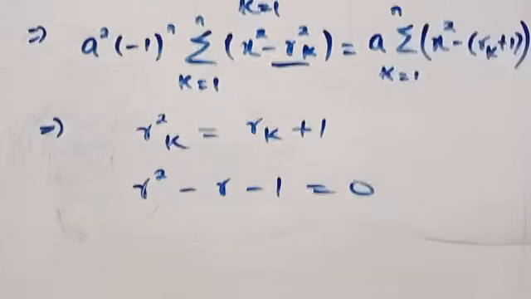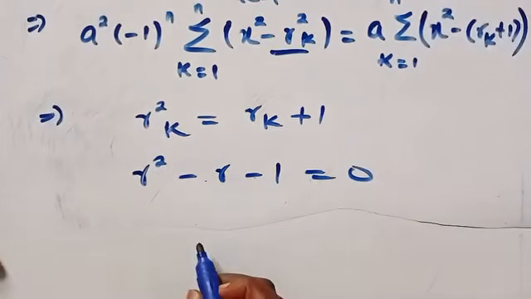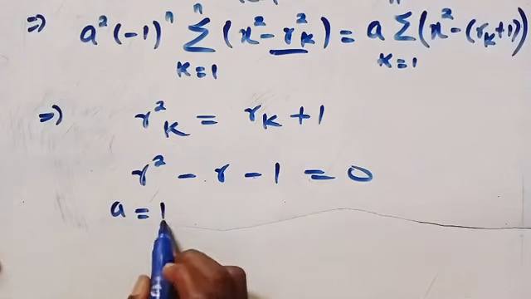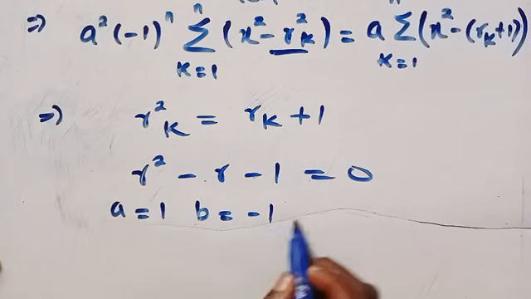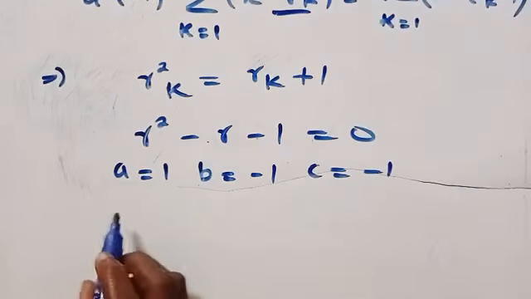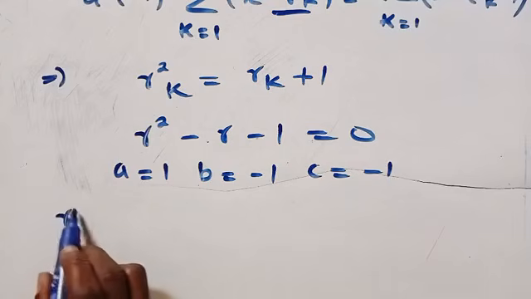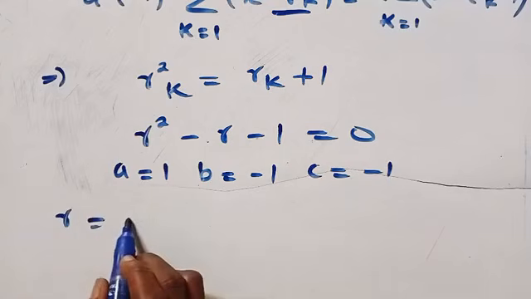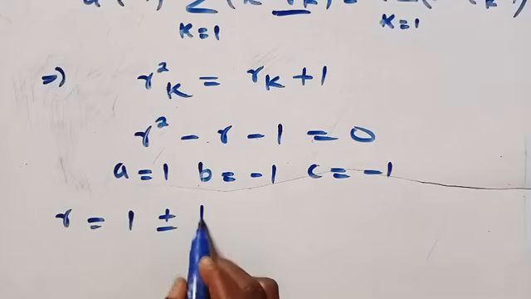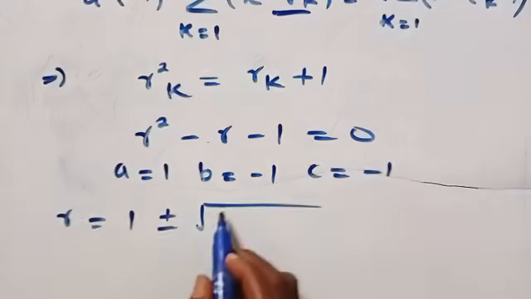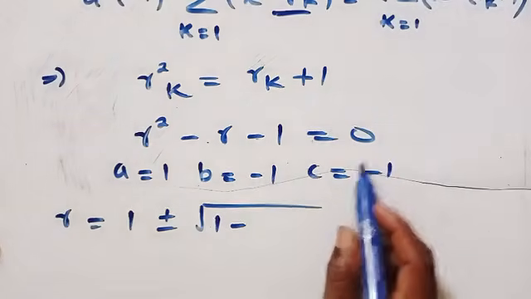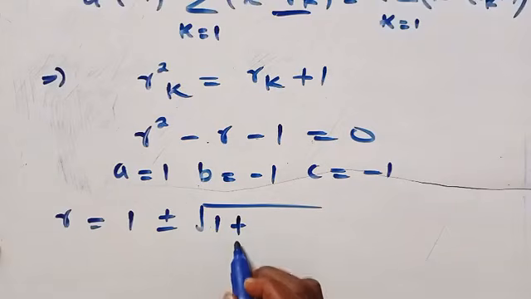So this is a quadratic, and we solve this by considering the quadratic formula. We have here a equals 1 and b equals minus 1 with c equals minus 1. Using the quadratic formula, we have r equals minus b, that is minus of minus 1, we have it as plus 1, plus or minus the square root of b squared, that is minus 1 squared, we have 1, minus 4ac, and c here is negative, multiplied by a, that is plus.